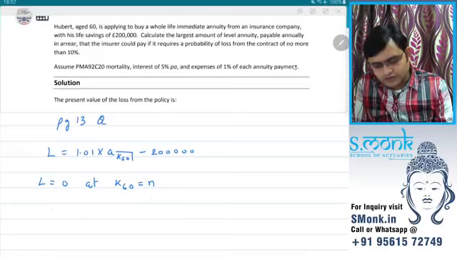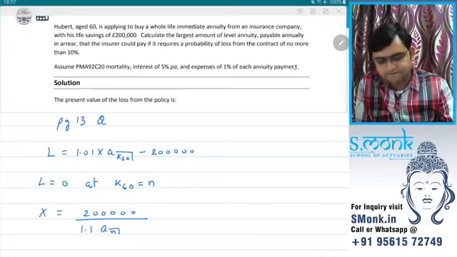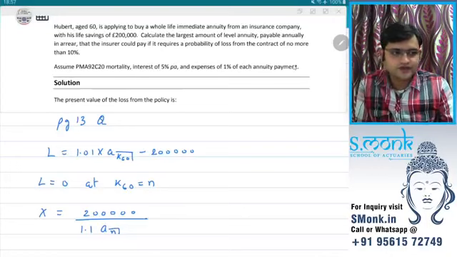So X would be how much? X becomes 200,000 divided by 1.01 a_n. This is what our value of X is going to be.